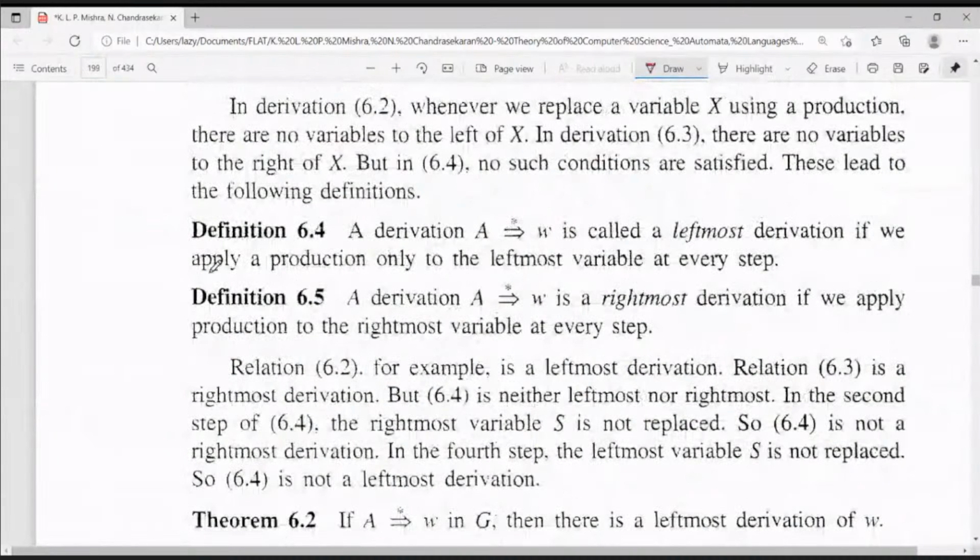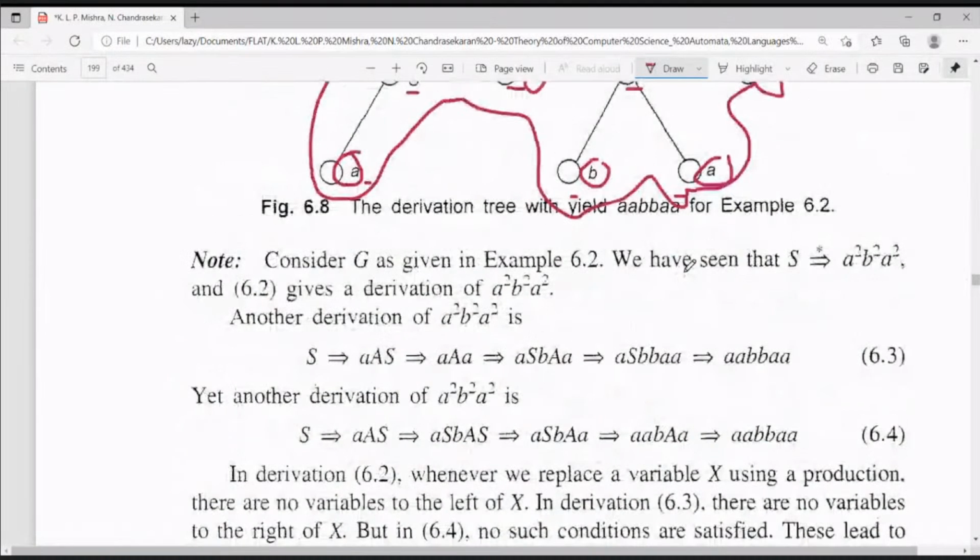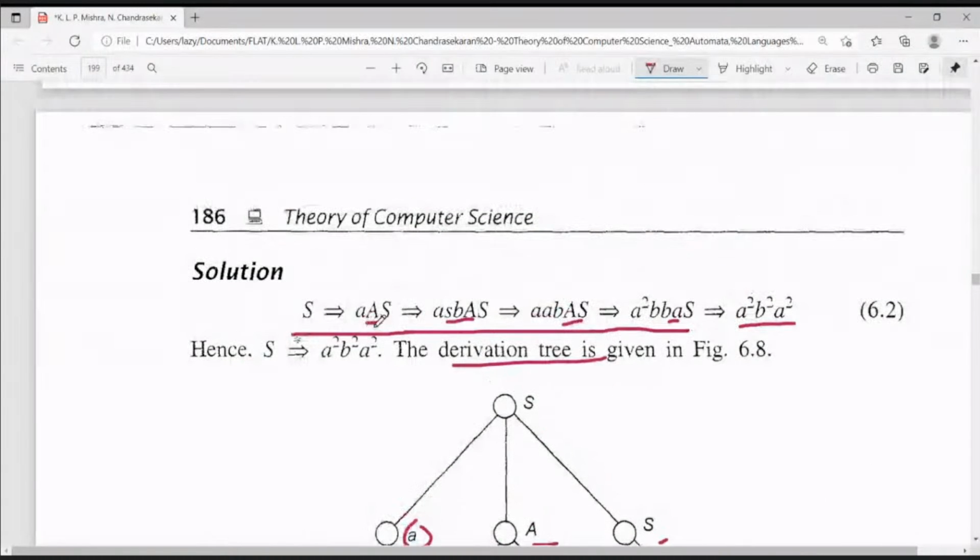There are a few more definitions, like leftmost derivation and rightmost derivation. Leftmost derivation means that while deriving, you always replace the leftmost variable. If we have AAS, the leftmost is this A, so whenever you are replacing, you always replace the leftmost variable.